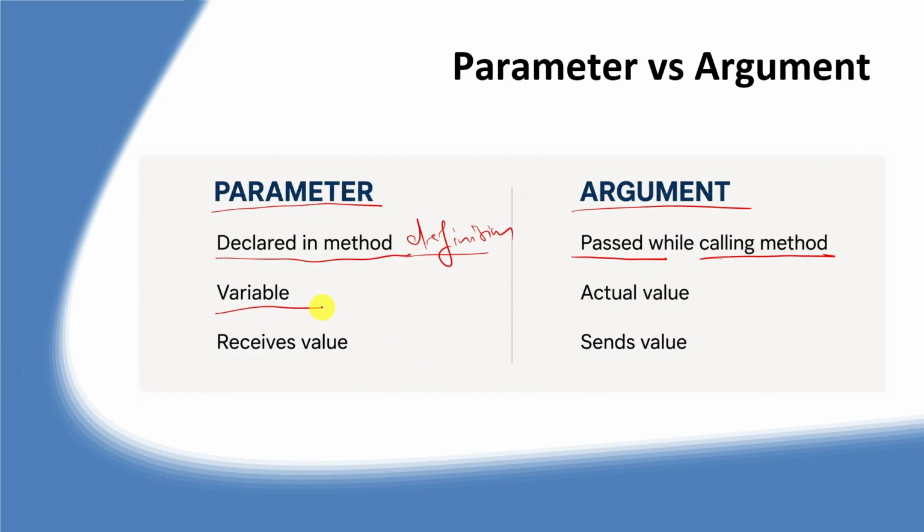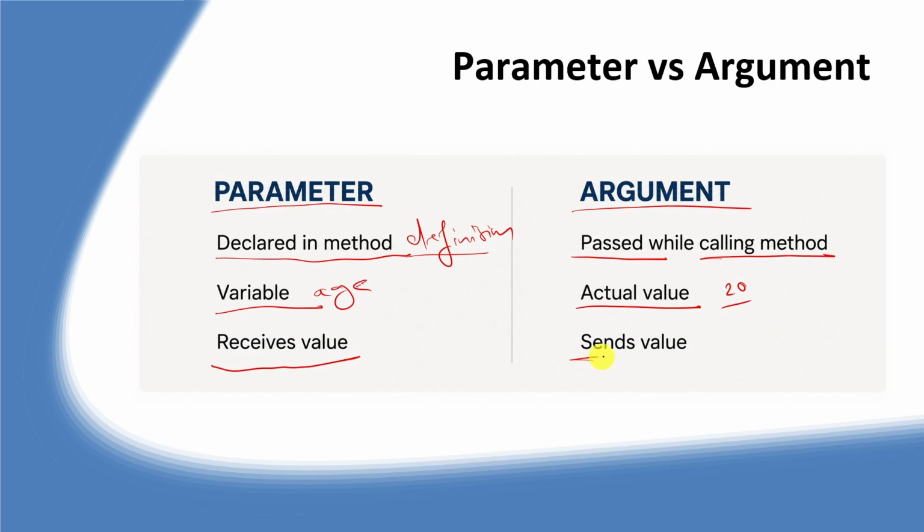Parameter is variable, whereas argument is actual value. We passed 20 in the previous example, right? And parameter was what? Variable, that was age. This is variable. And parameter receives value. So whatever value we are passing from argument, the 20 will be received by parameter.